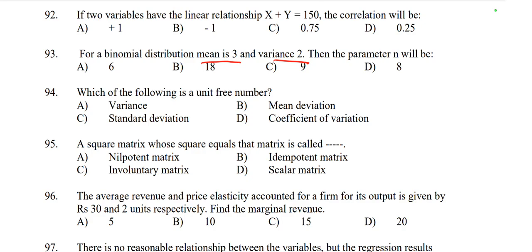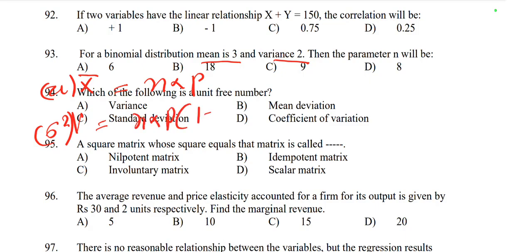Mean, mu, is equal to n into p, and variance, sigma square, is equal to n into p into 1 minus p.